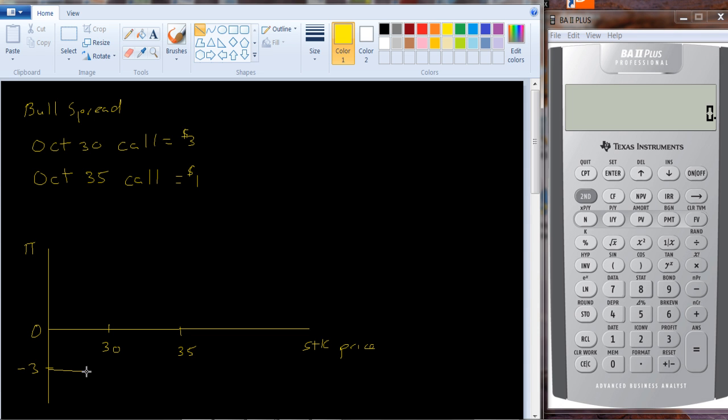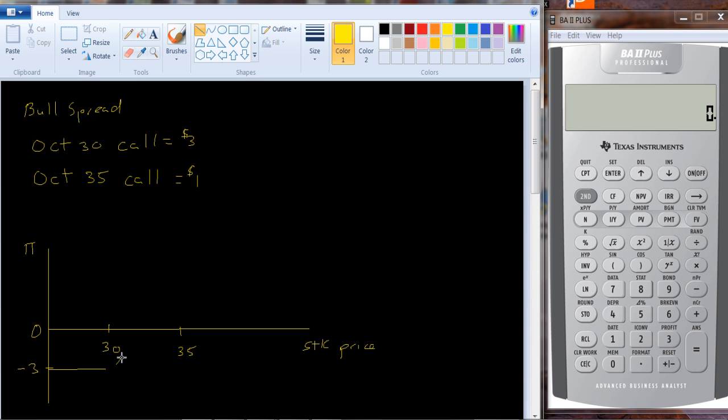So as long as the price is below 30, you're going to get this horizontal line here. Let me see if I can draw that in straight. And why is that? Because at any price below 30, you're simply going to lose $3. Now, for every dollar it goes above 30, you're going to make $1.